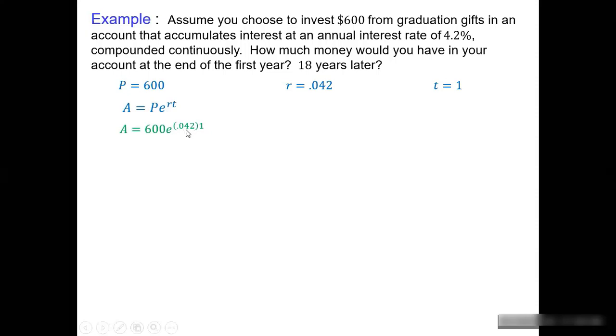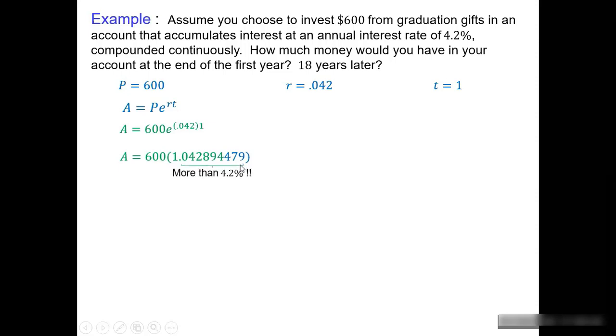R is 0.042, and T is equal to 1. We can now calculate the exponent by multiplying by 1, and E to this power is 1.042894479. When you now multiply that by 600, we can now recognize that this is more than 4.2%. 4.2% would mean that it's truncated right after the 2.